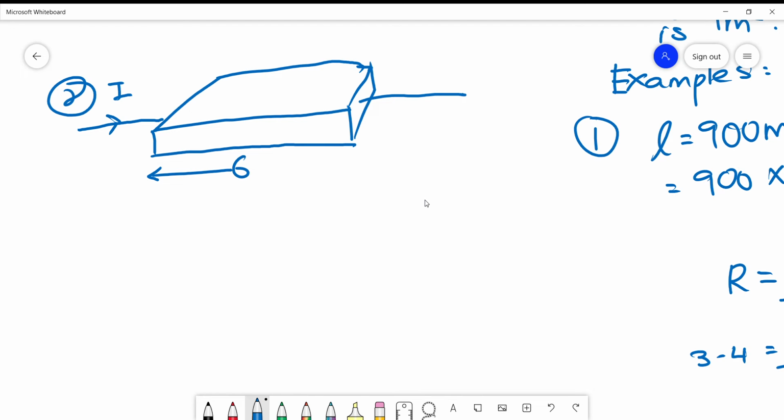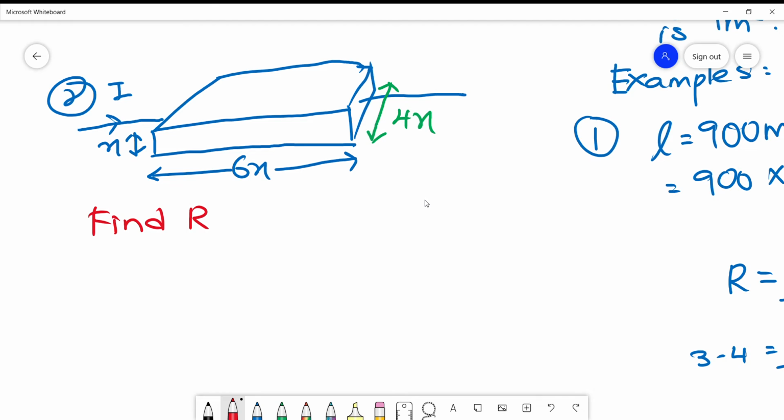Let's say the length of this conductor is 6x, the height is x, and the width is 4x. The question is, find R in terms of rho and x.